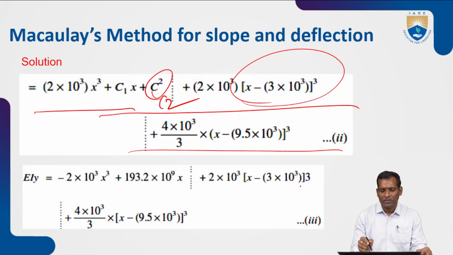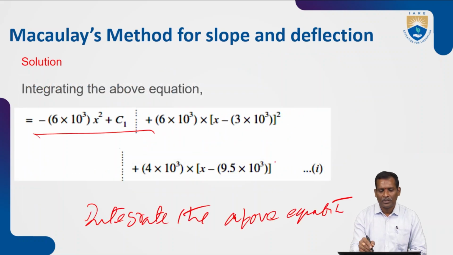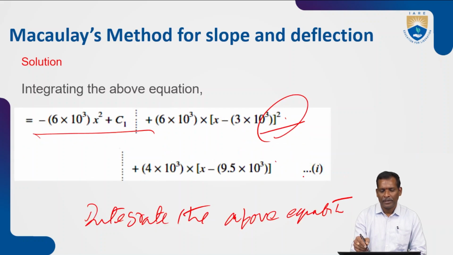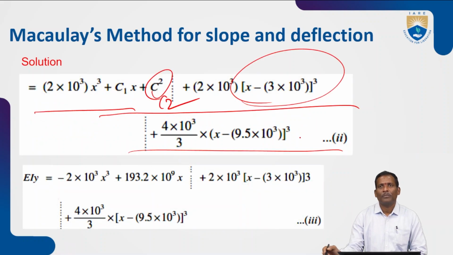Similarly here also, the x minus 9.5 into 10 cube term was a square, so we will get a cube, the integral of x square being x cube by 3.